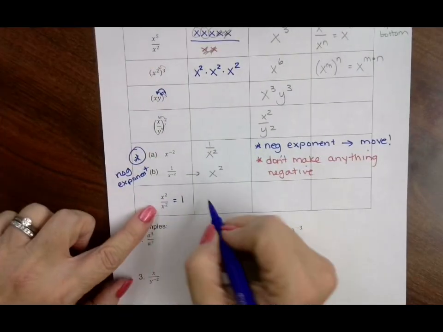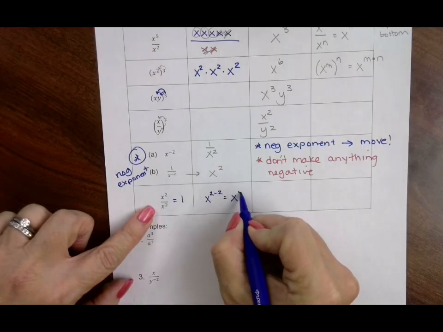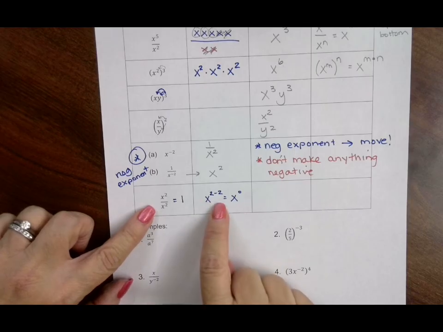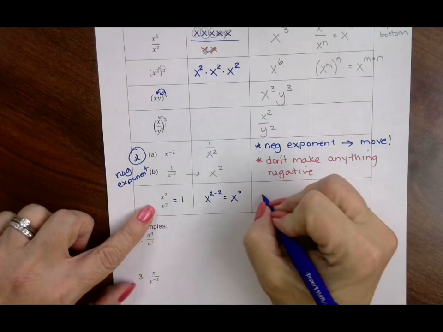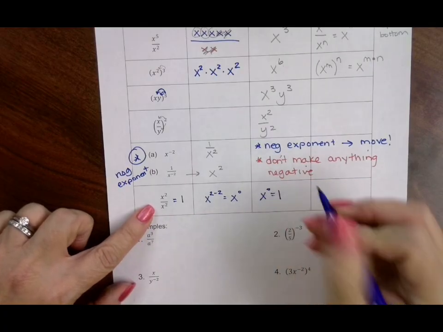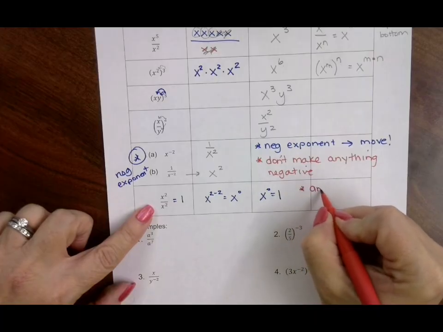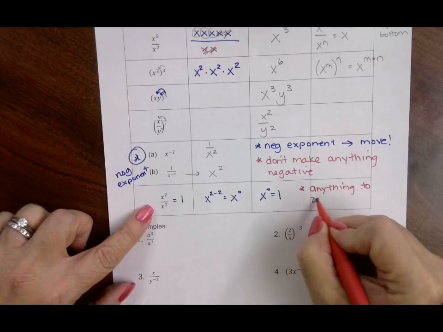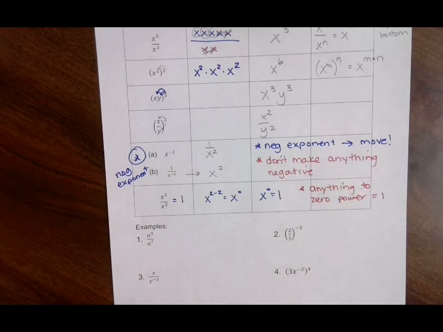So that's the same as saying x to the 2 minus 2, which would be x to the 0 power. Well, we just said that if this, using our exponent rule, is x to the 0 power, but this simplified equals 1, then what this means is x to the 0 power equals 1. And our rule here is anything to the 0 power equals 1. That's our rule.